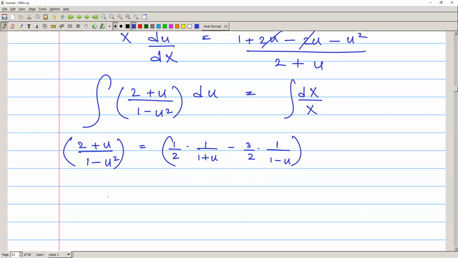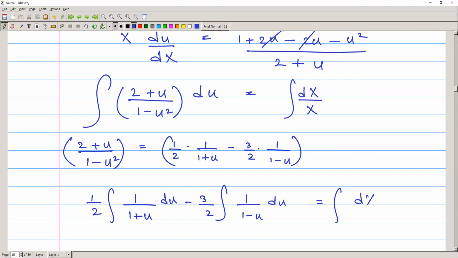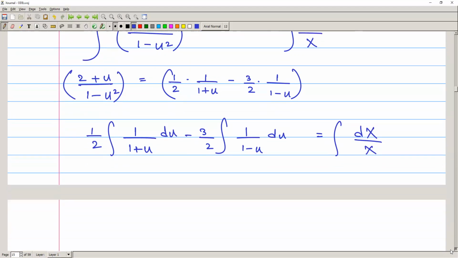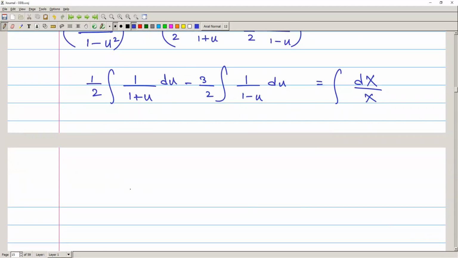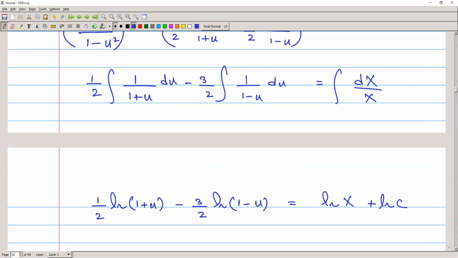So now we can write here 1 over 2 times the integral of 1 over (1 plus u) du and minus 3 over 2 times the integral of 1 over (1 minus u) du, which is equal to the integral of dx over x. All right, now we are going to simply integrate, so we will get 1 over 2 ln(1 plus u) minus 3 over 2 ln(1 minus u), that is equal to ln x plus ln c.